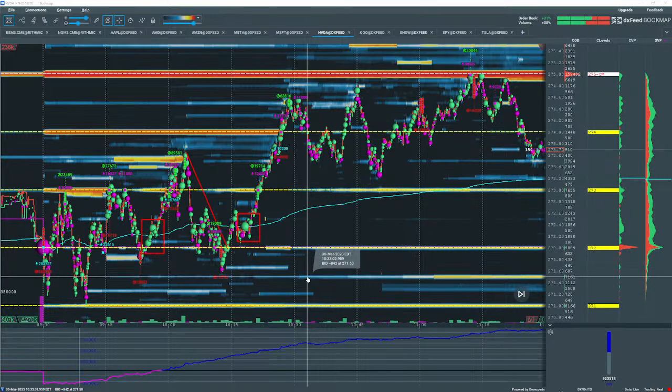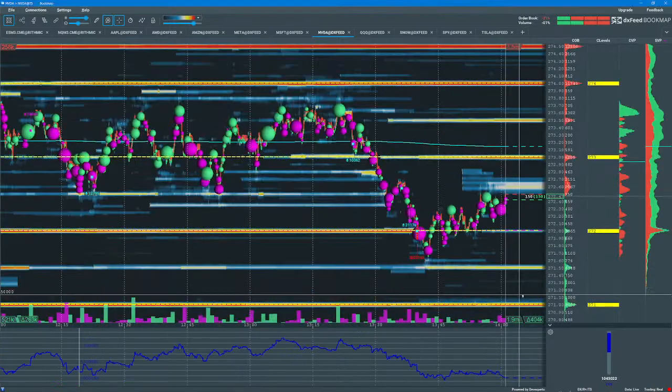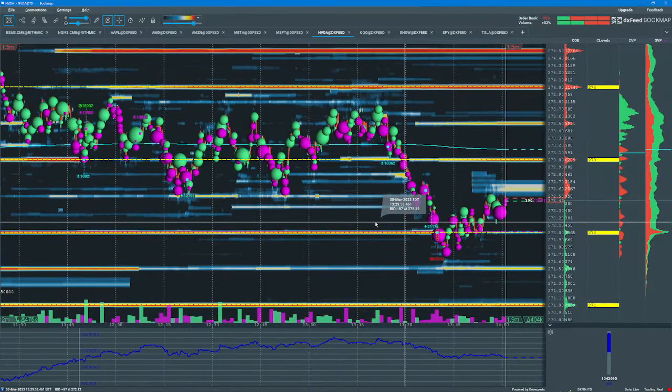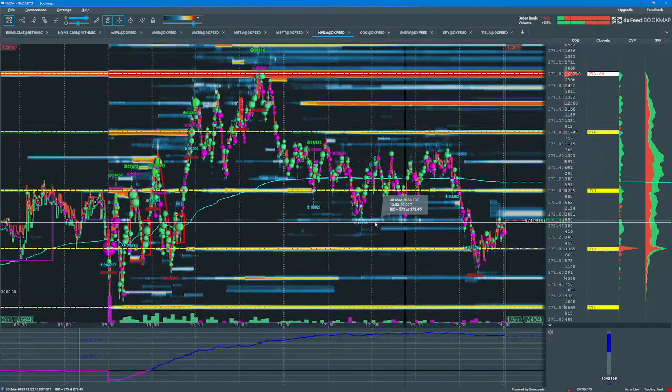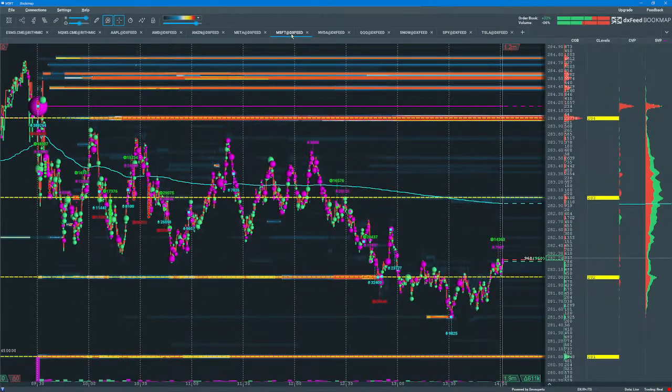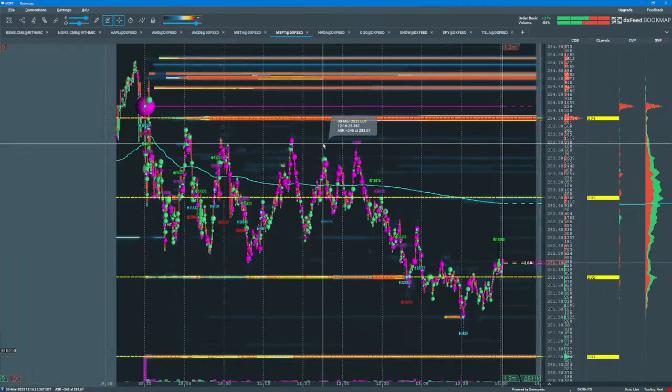All right, let's take a look at some of the other stocks now that I mentioned as potential bullish candidates. Let's go to Microsoft. And clearly that did not work out.